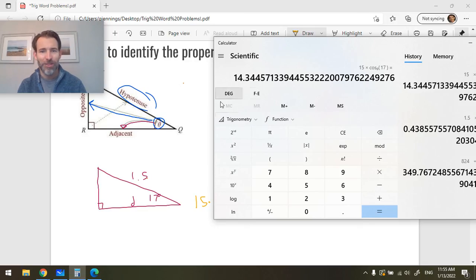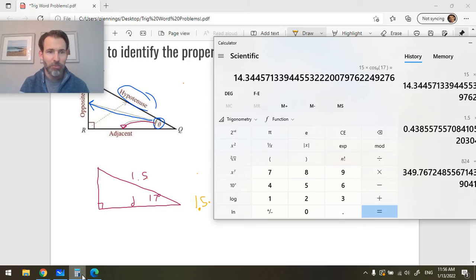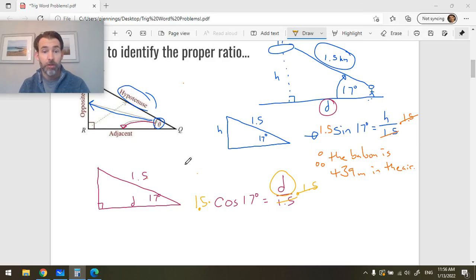I see why the decimal is in the wrong place, because I wrote 15 instead of 1.5. So I just need to shift the decimal place by 1 in my answer. 1.43. So 1 kilometer and 434 meters. So it's 1.4 kilometers. We'll round.